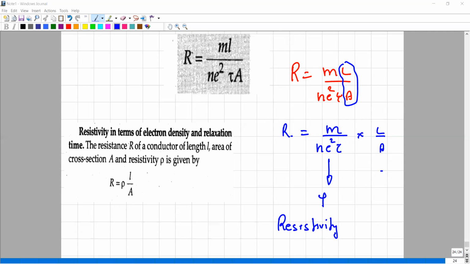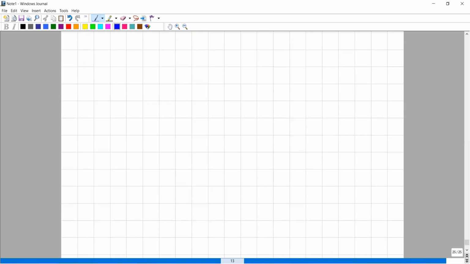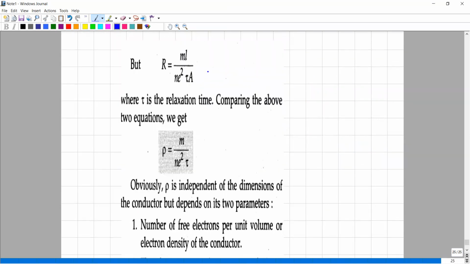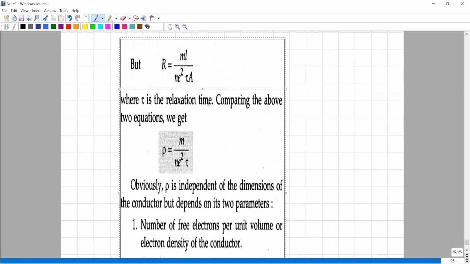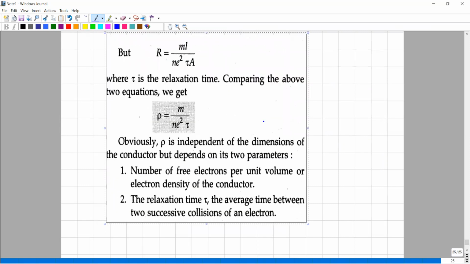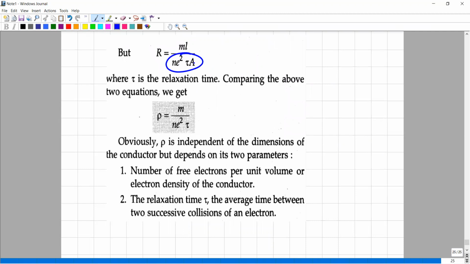So this value here becomes resistivity, and resistivity is equal to m by ne squared tau. If you look closely, your resistance is mL by ne squared tau A. Then L by A you separate out, and you get the resistivity as m by ne squared tau.